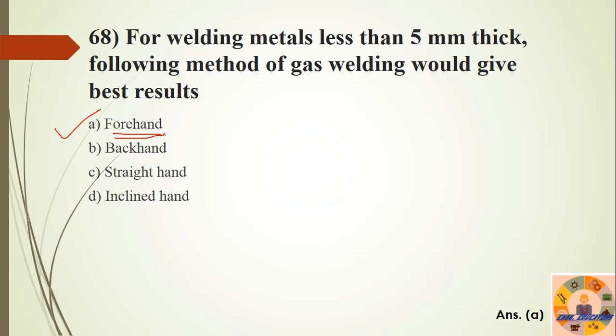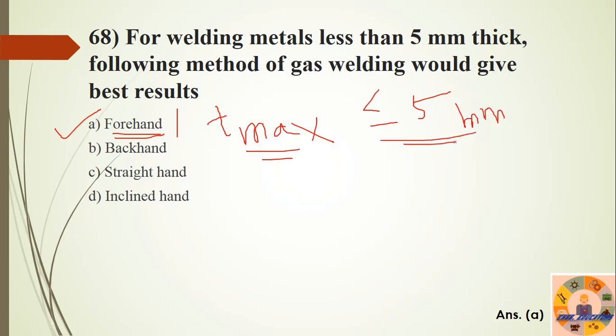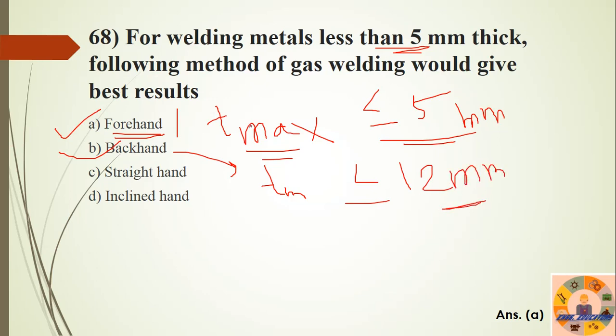So forehand or leftward welding, without preheating, is suitable for workpiece thickness less than or equal to 5 mm. And for backhand, it is less than or equal to 12 mm. We have earlier discussed this. The forehand process is essential for grey cast iron material.